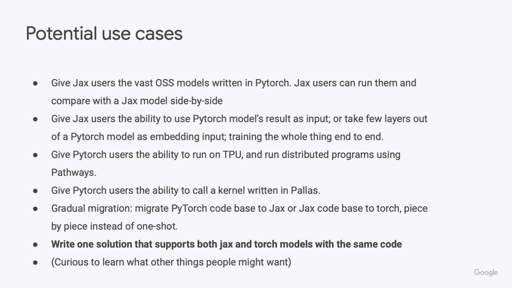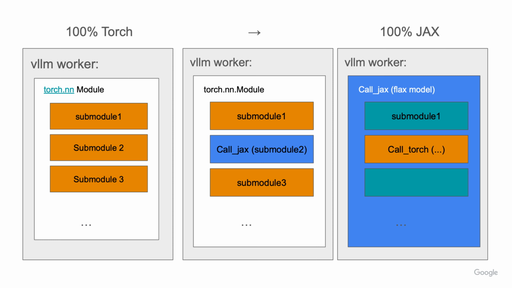Because after you map it, the JAX function that you mapped from the Torch function is as good as any from the coding perspective. It doesn't see that it's different. And of course, I'm very curious whether there are any other reasons why people want to write PyTorch and JAX in the same program or use them together.